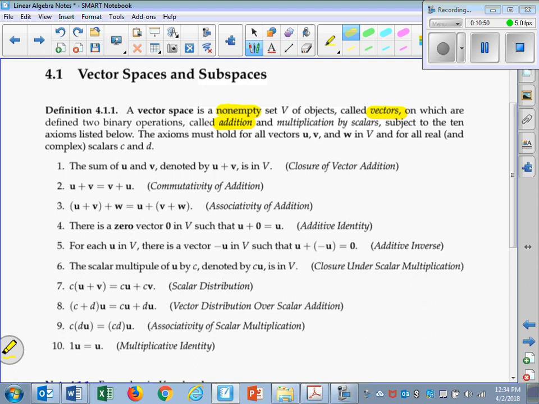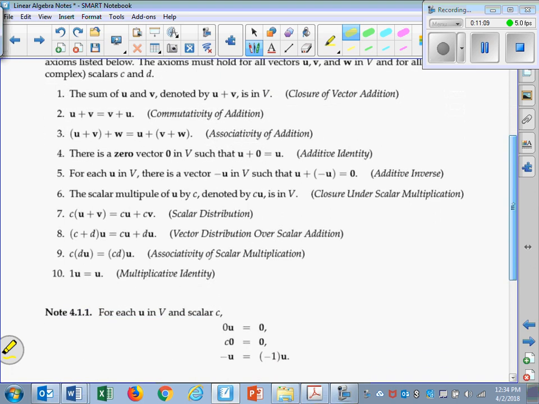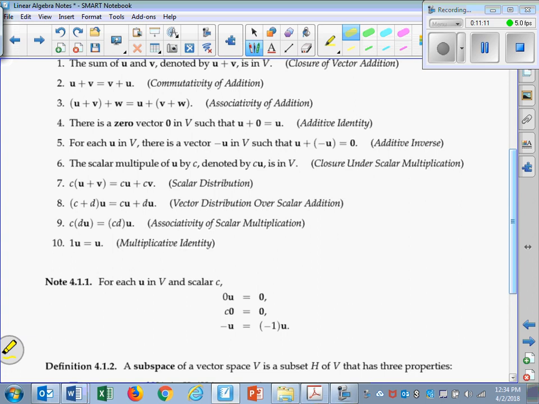The first called addition, and the second multiplication by scalars only. So you can't multiply vectors. For a vector space, we don't yet have a definition of what it means to multiply vectors. So we only have scalar multiplication at this point. But we have these 10 axioms or properties for our vector space.